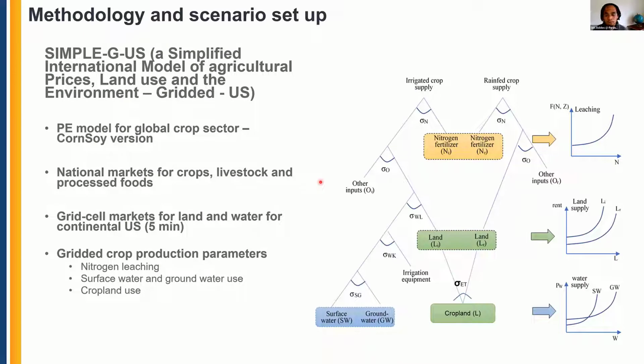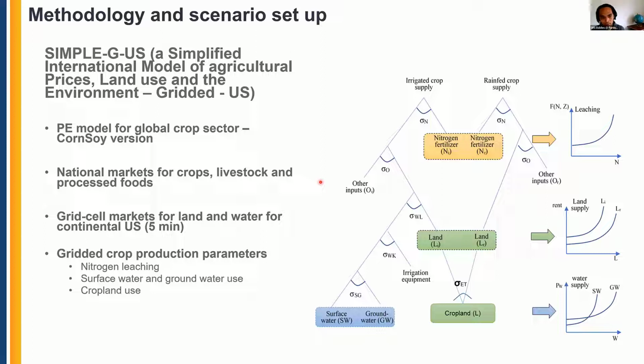So what is this Simple G model? Well, SIMPLE stands for Simplified International Model of Agriculture, Prices, Land Use, and the Environment, and we're using a gridded version. Think about the continental US divided into 40,000 grid cells.